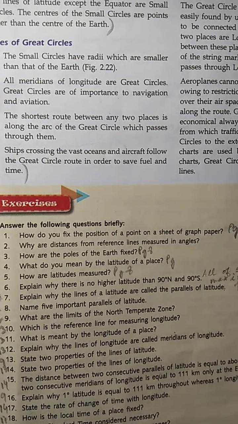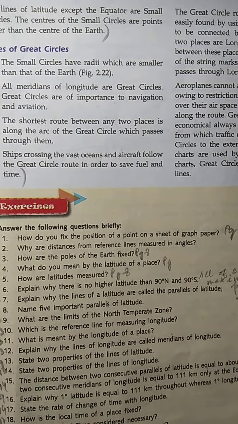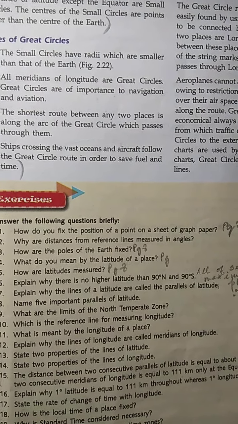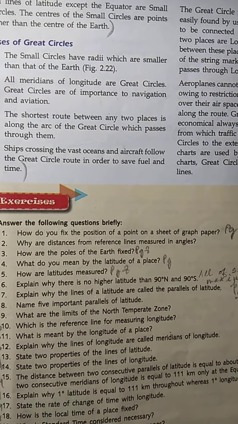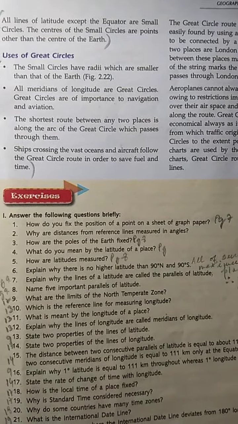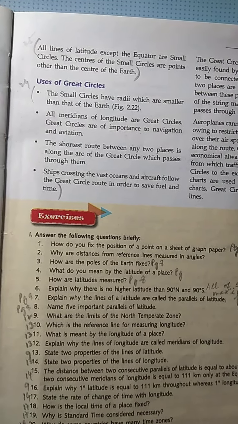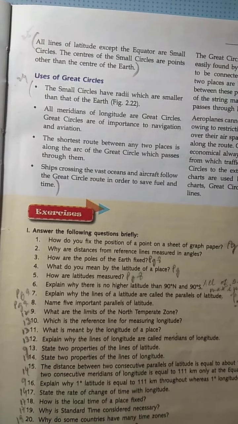The next question is, why are distances from reference lines measured in angles? Now this is the answer which is not exactly given in your book, so it is better I dictate the answer to you. The answer would be, since the latitudes and the longitudes are actually points of intersection with the Earth's surface from the center of the Earth, the distances from the reference lines are measured in angles.